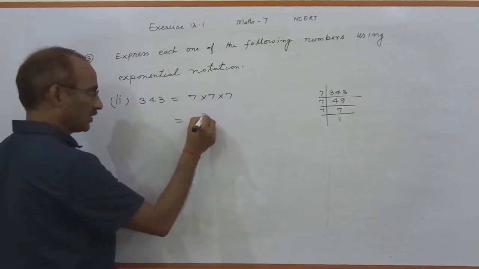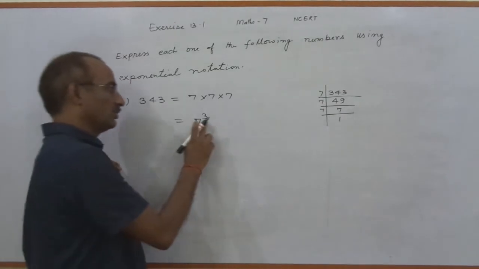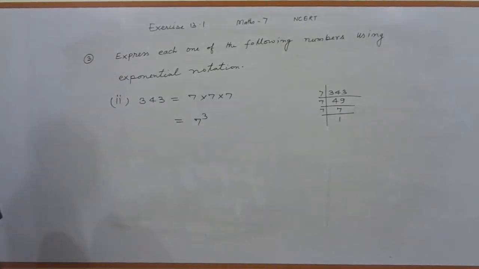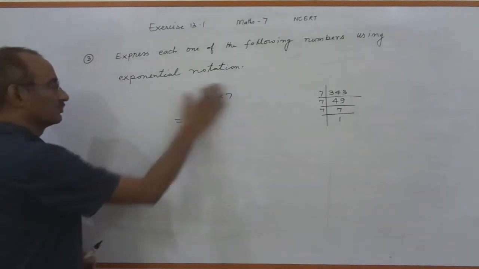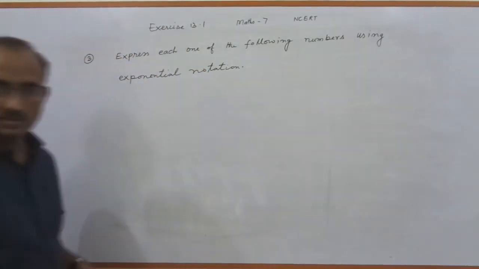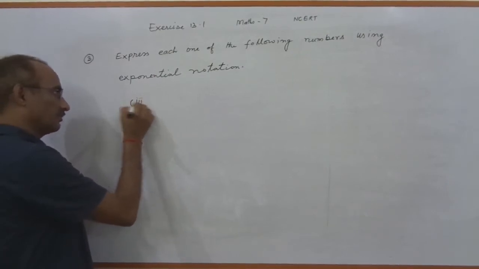So we get 7 raised to the power of 3. So this is our answer. Now question 3rd. The third question is 729.